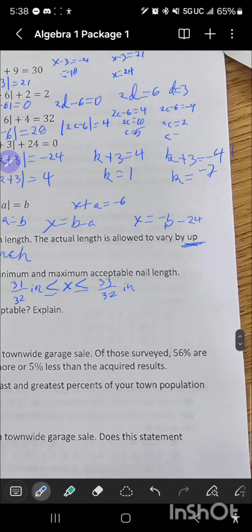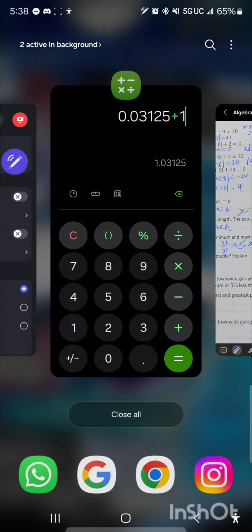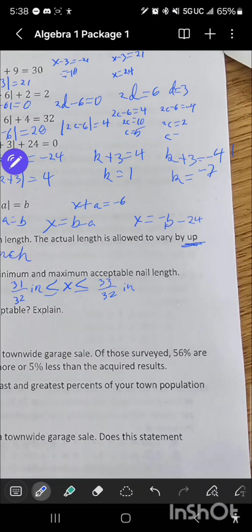I start with the right bound, but it doesn't matter, so I get 1.03125.